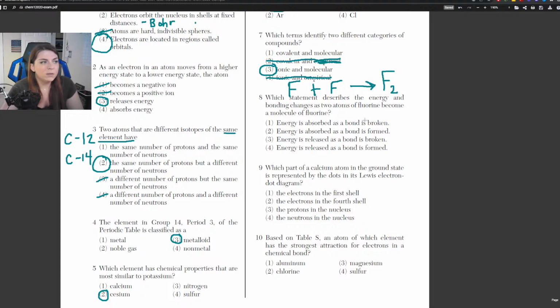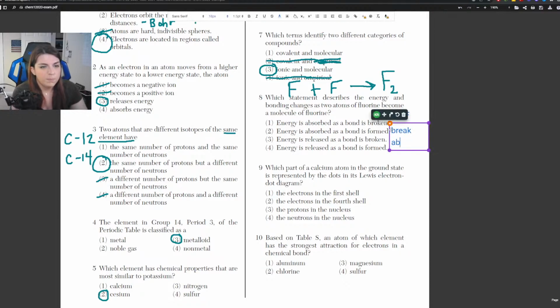And this is BARF. I think that this has come up on every test that we have done on this live stream. BARF is a gross acronym. It is actually break, absorb, release, form. When bonds are broken, energy is absorbed.